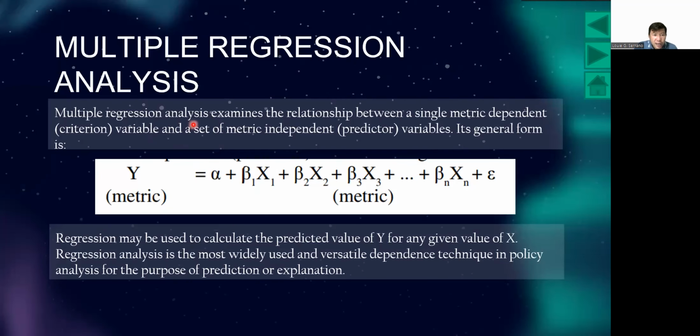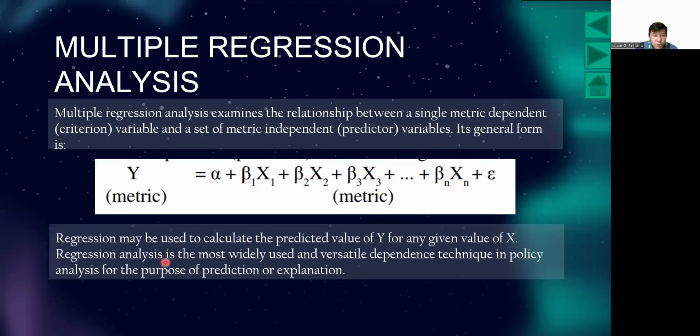So, multiple regression analysis examines the relationship between a single metric dependent, o yung criterion variable, and a set of metric independent, o yung predictor variables. General form is Y, ito yung metric, equals alpha plus beta sub 1 X sub 1 plus beta sub 2 X sub 2 plus beta sub 3 X sub 3 plus beta sub n X sub n plus epsilon.